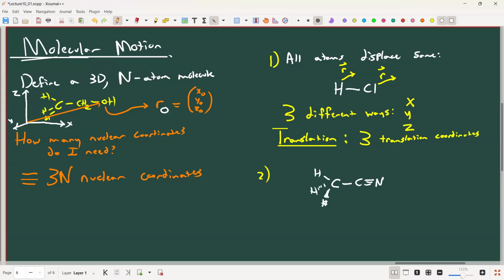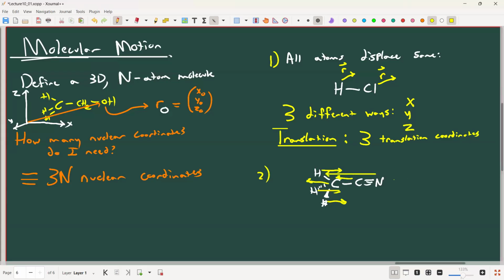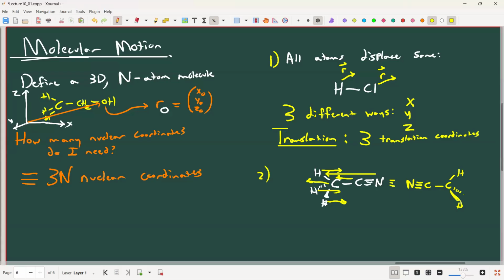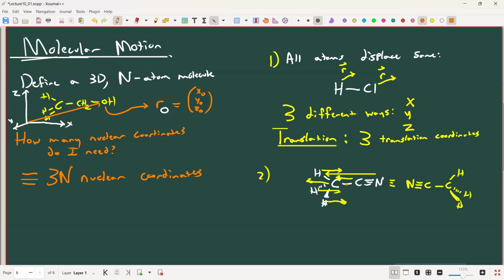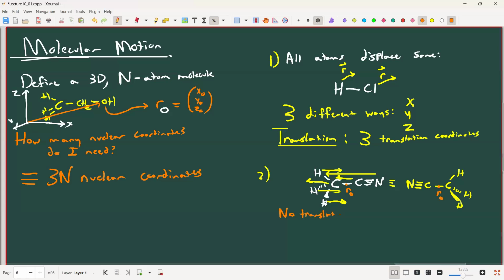We can adjust all of the atoms in such a way, I'll draw it like this, where I move them all in some direction, and all I do now is flip it 180 degrees. The center of mass of the molecule has not changed. If I put a point here and call this R0, R0 is still in the same spot. It hasn't moved. So there's no translation, but the molecule has changed.